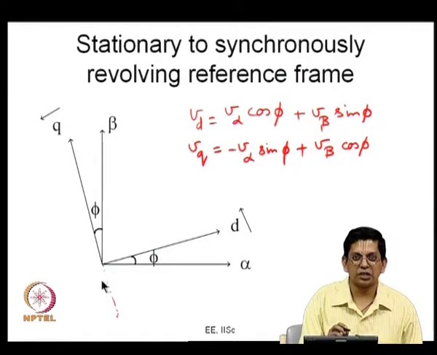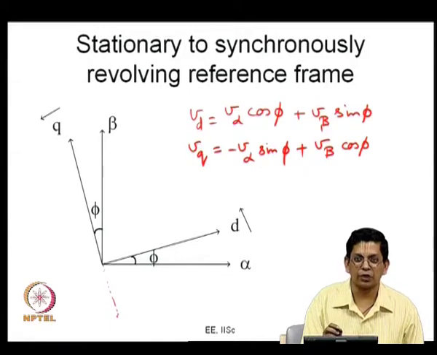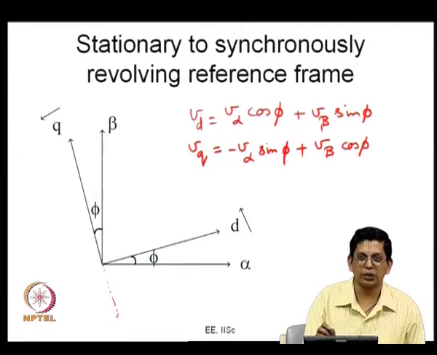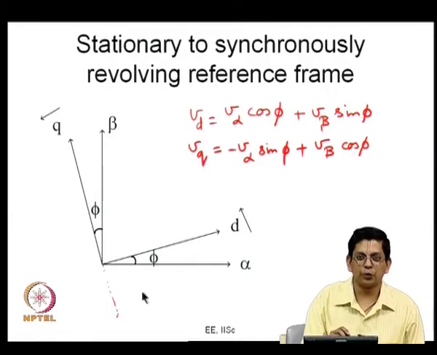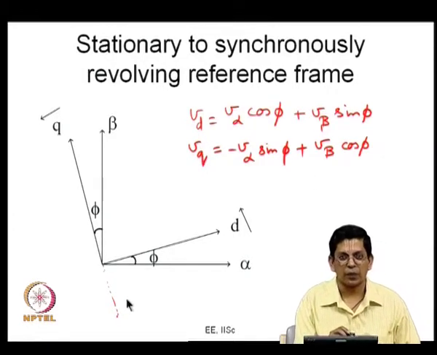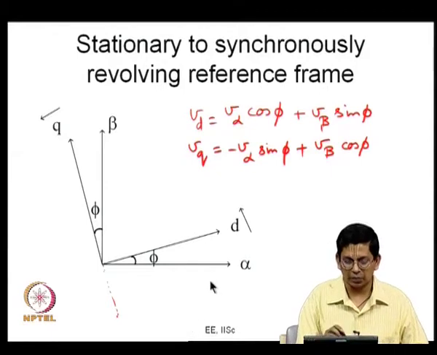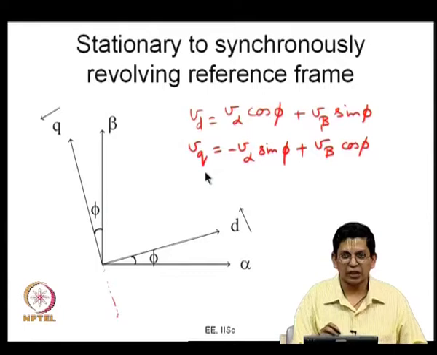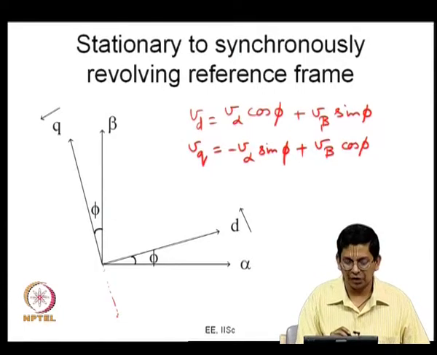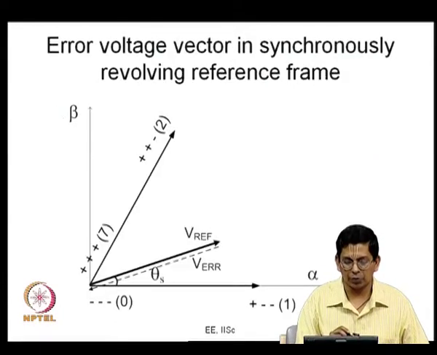So, this is the stationary to synchronously revolving reference frame transformation and its inverse. I am not writing down the inverse, but it is very easy for you to write it down yourself. So, I am doing this primer now. Let us continue with our study of the error voltage vector, which is what we have been looking at today.